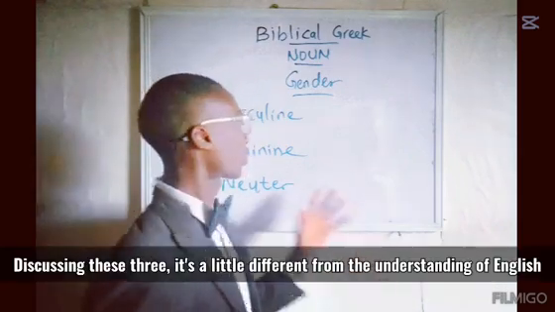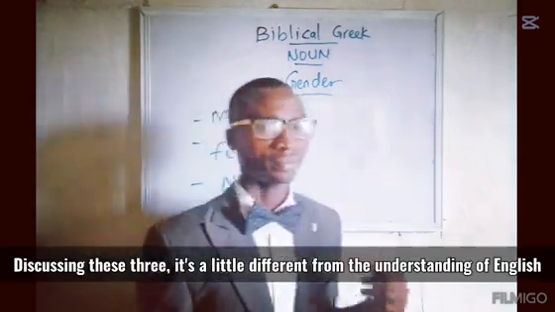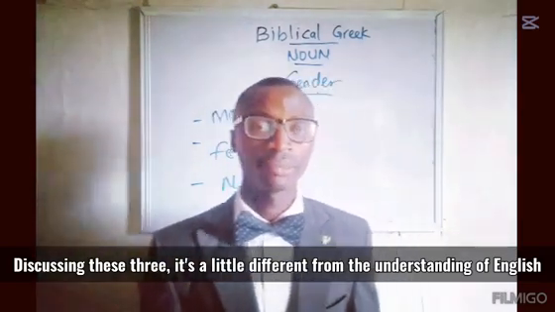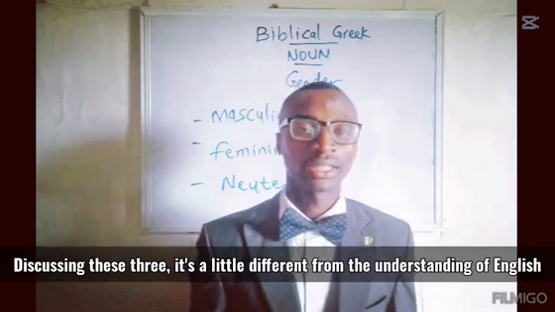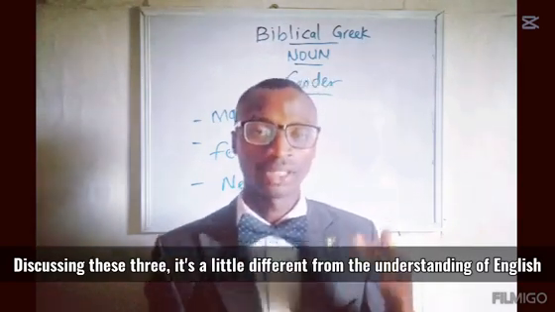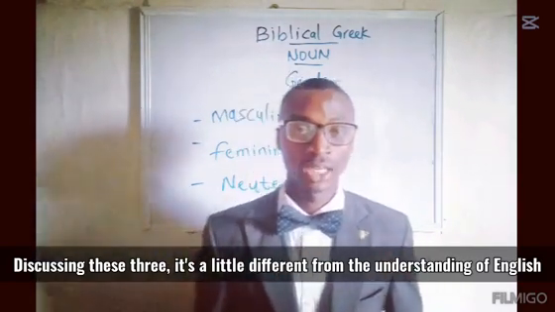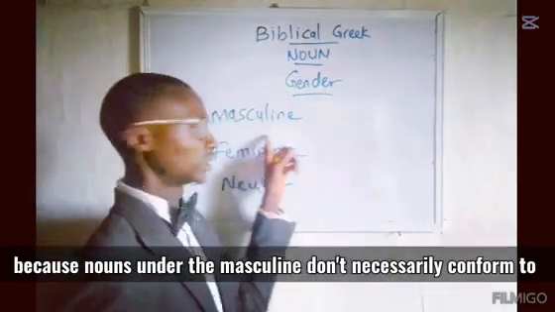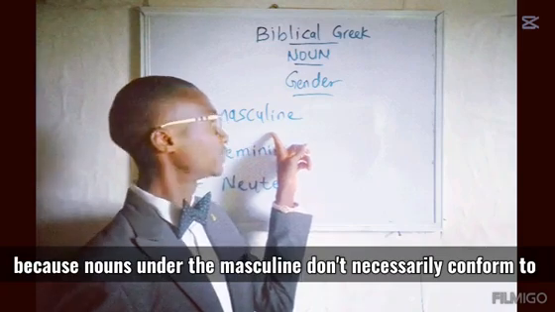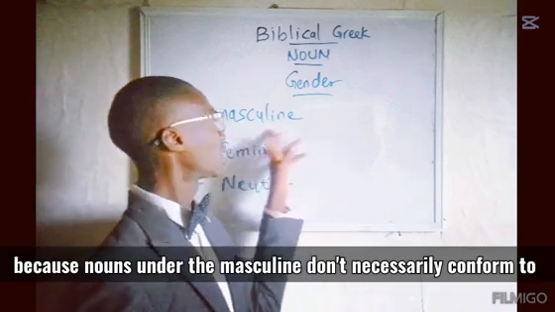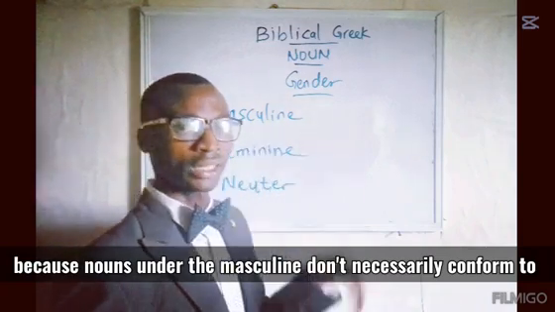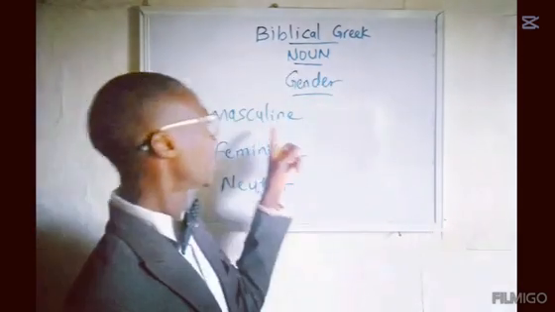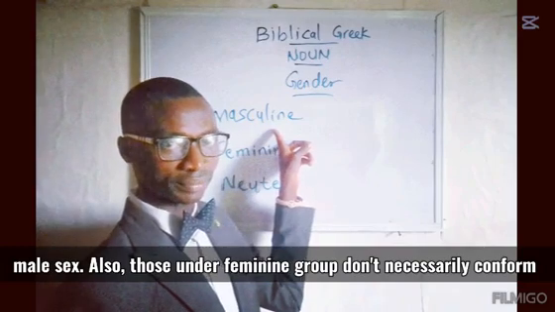Now, when we discuss these three in biblical Greek, they are a little bit different from the understanding we have in English, because the nouns under the masculine are not necessarily conformed to the male sex.